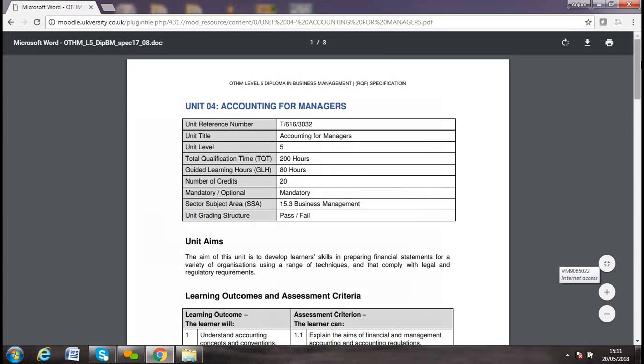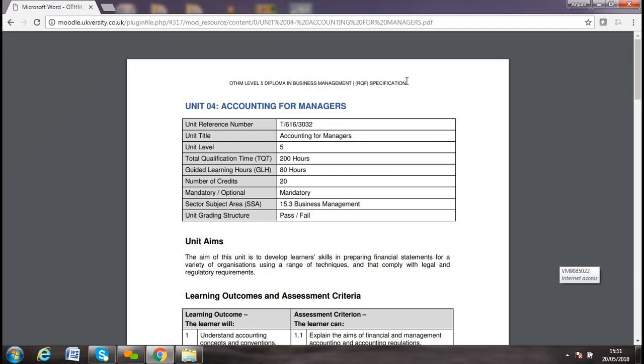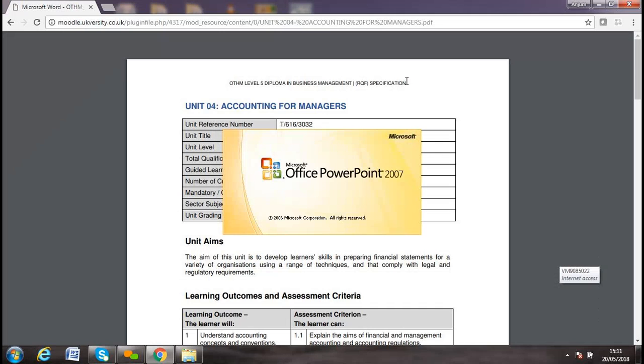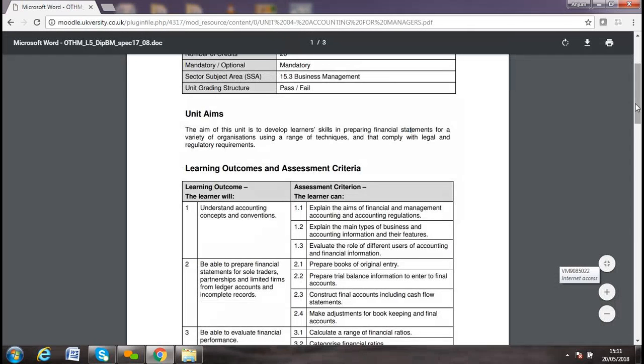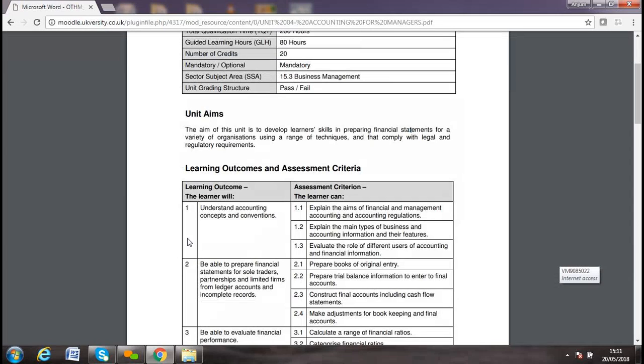So unit 4, accounting for managers: how managers can use business accounting information to make decisions. Today's lesson will focus on LO1, learning outcome 1, assessment criteria 1.1, 1.2, 1.3.